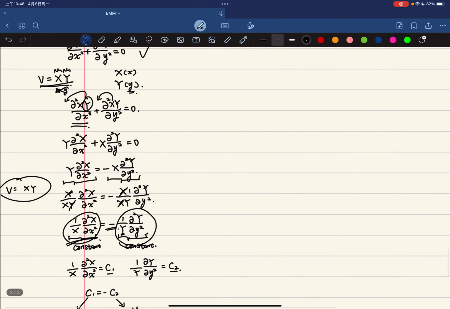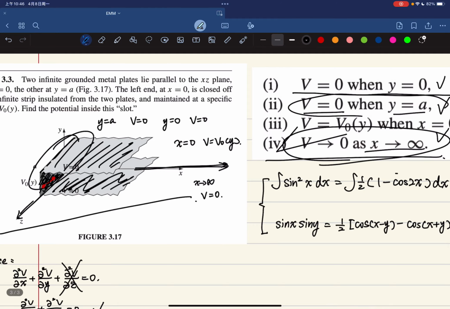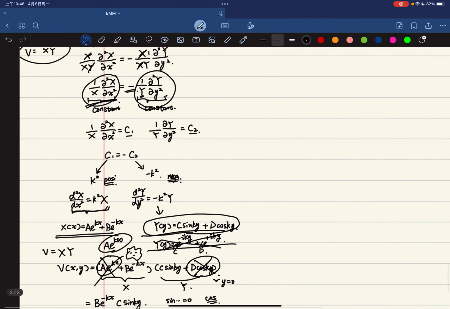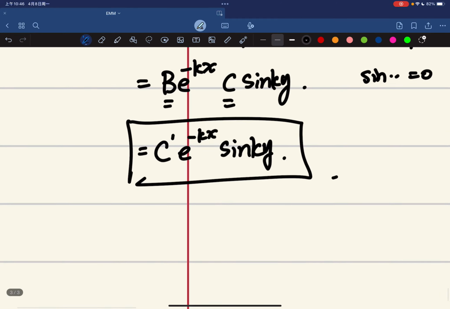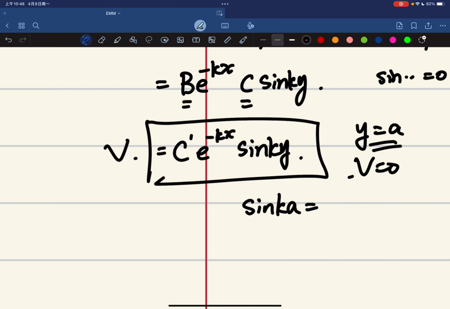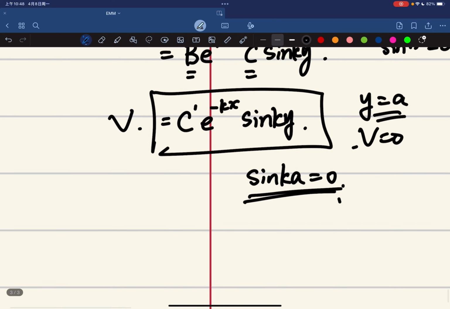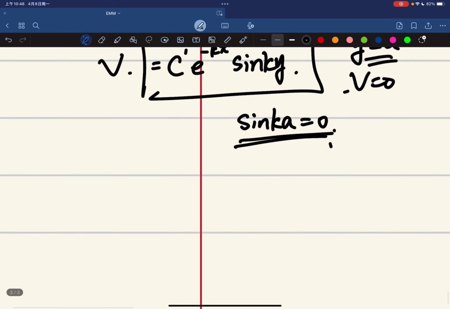And now let's look at the second boundary condition: when y equals a, v equals 0. So when y equals a, v must equal 0, which means sine ka must be equal to 0, right? Because this is how it satisfies the condition.